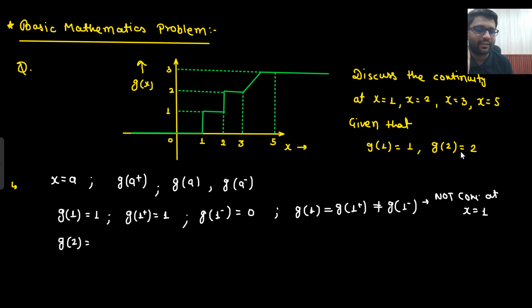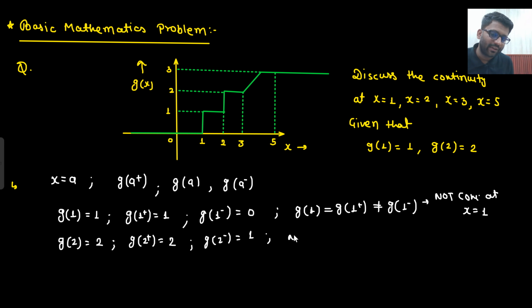But in the information given, G of 2 is actually 2. What is the value of G of 2 plus? Just ahead of 2, that is 2. And what is the value of G of 2 minus? Just below 2, that is 1. Again, not continuous at x equals 2, right?